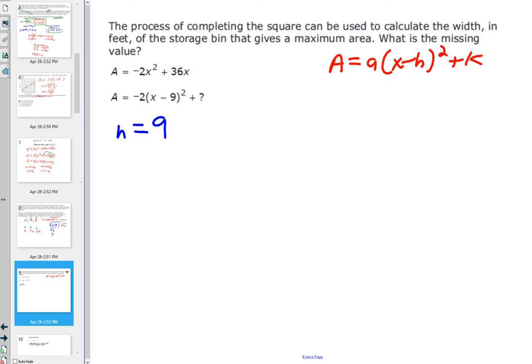The h is 9, but you know what? I have to do one more thing, because in order to get the a's to match up, I have to factor out.